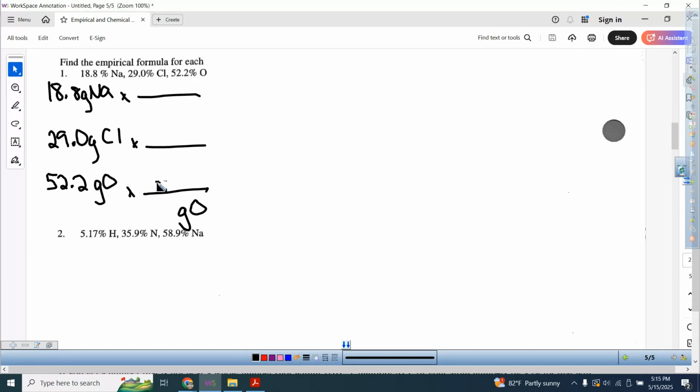So I want to get rid of grams of oxygen and go to moles of oxygen. And get rid of grams of chlorine and go to moles of chlorine. And get rid of grams of sodium and go to moles of sodium. Okay, for the grams per mole, I just use the weight on the periodic table.